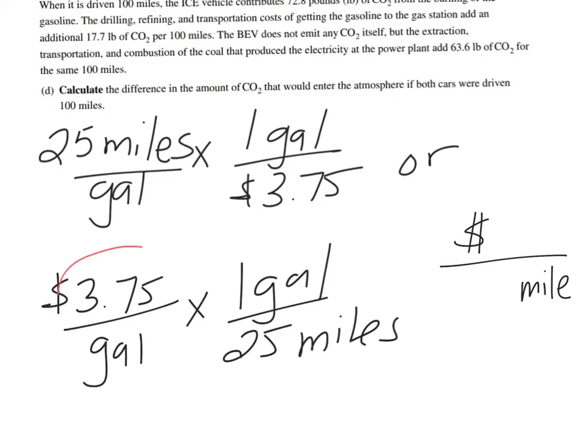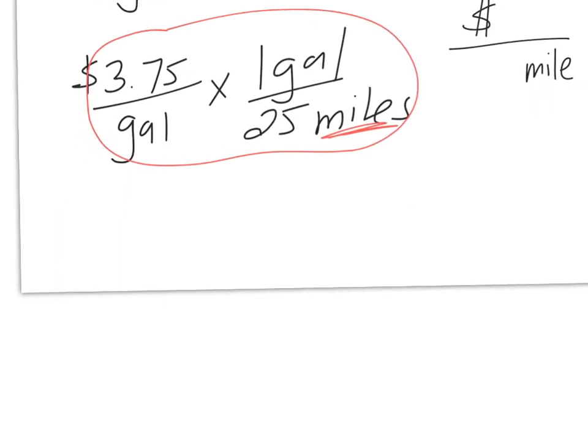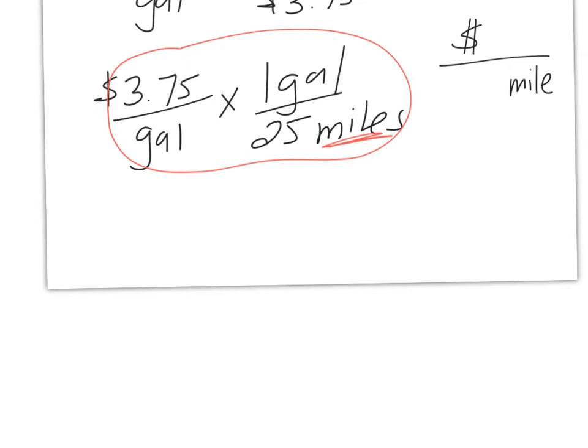So I need to use this one because the money is here at the top and the miles are here at the bottom. Also, let's say you don't remember that and you do it this way. The answer comes out kind of strange and it doesn't quite make sense. The cost is too high per mile. So let's go ahead and solve this now.